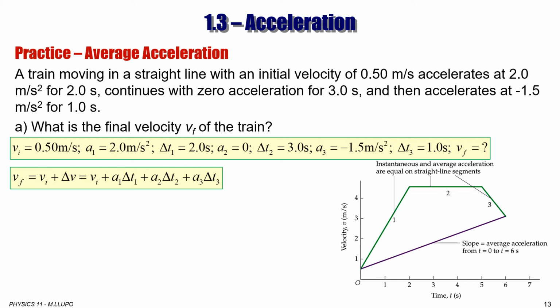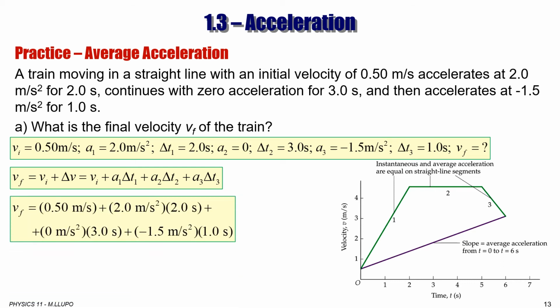The formula is initial plus change in velocity. So change in the velocity is a delta t, but that changed 3 times, in 3 different segments with 3 different intervals of time.